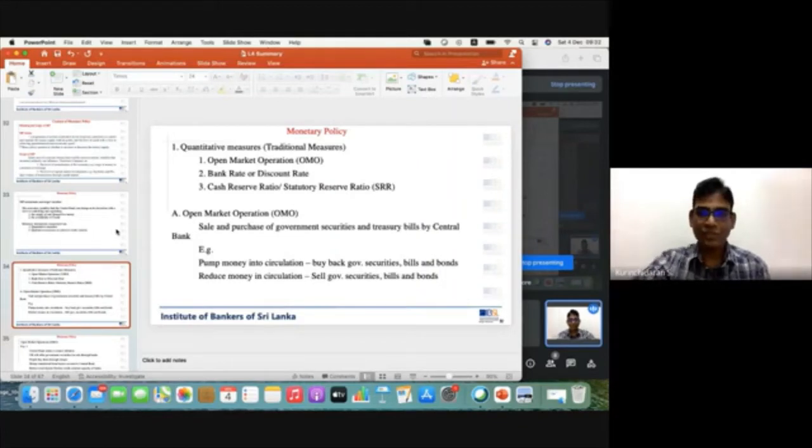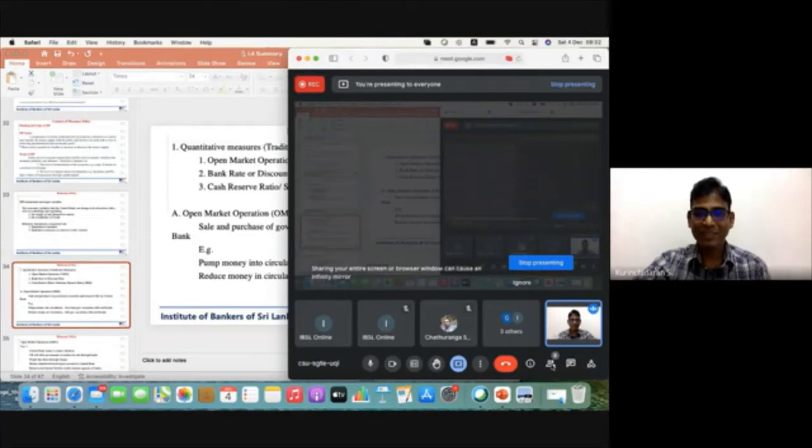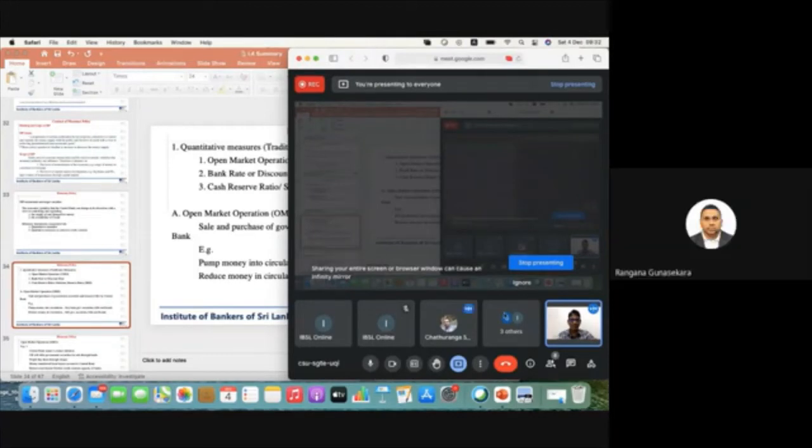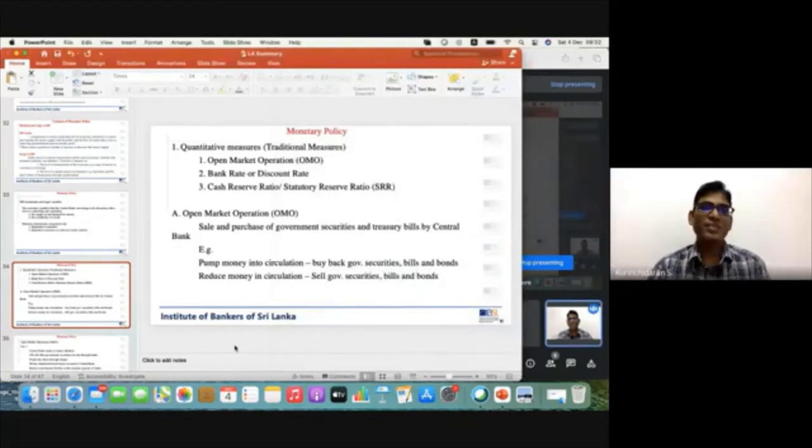Any idea what open market operation is? Just say, there can be right or wrong answers. Sale of treasury bills and bonds. Yes. The central bank can sell or buy government securities, right?